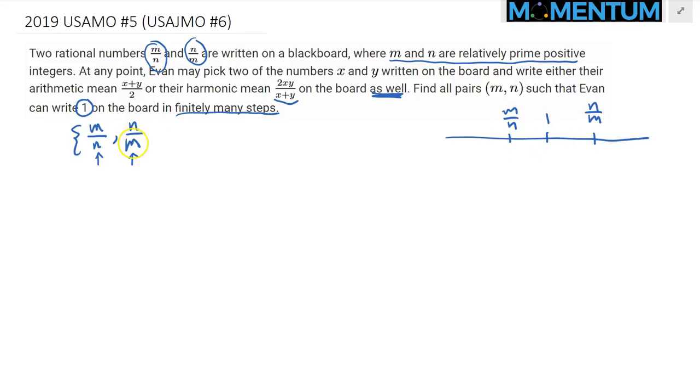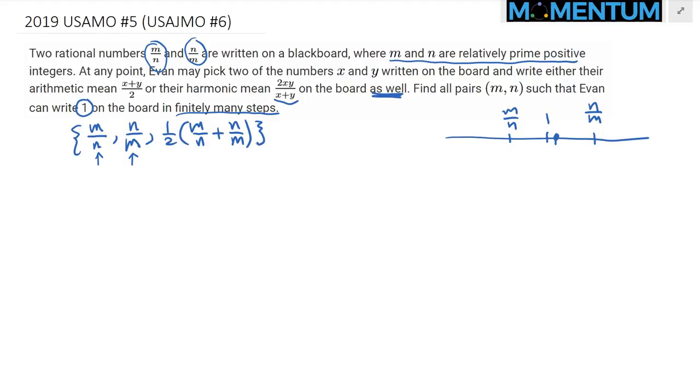For instance, if you start with these two, suppose that we take the first arithmetic mean, we would get 1/2 of m over n plus n over m, which is midway between the two, somewhere here. So now you include this point as well, and you keep continuing the process.